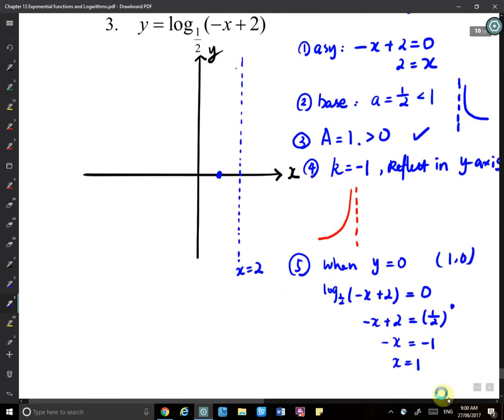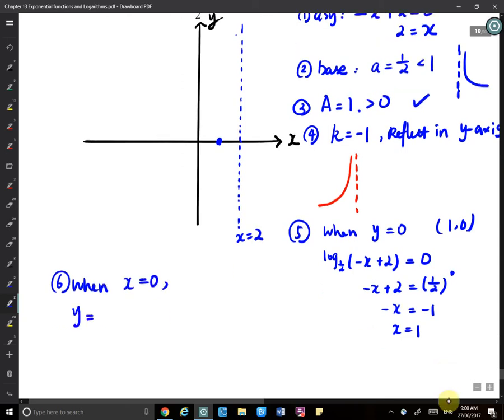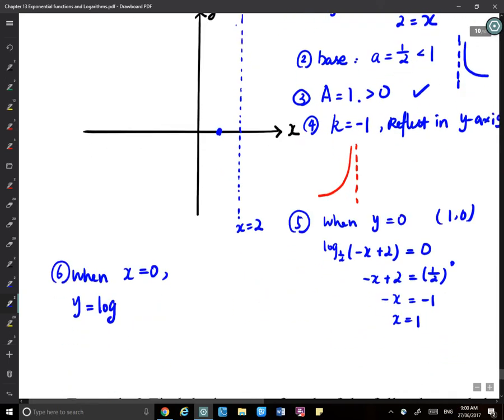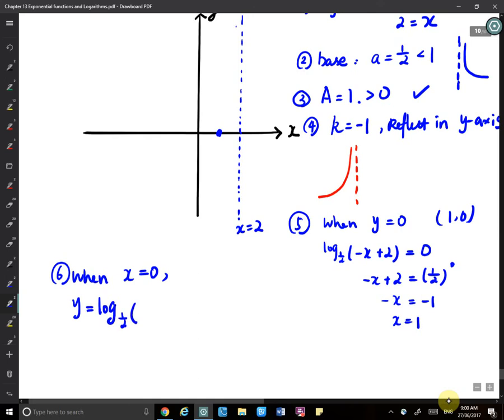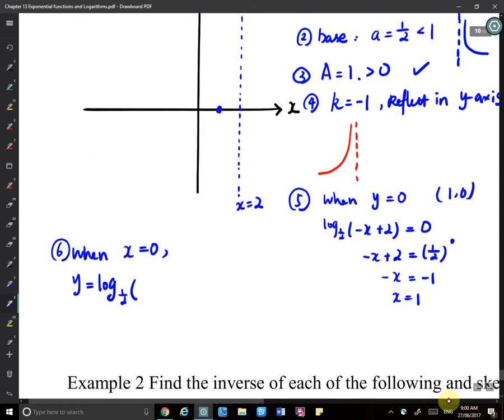Number 6, when x equals 0, y equals log base a half of 0 plus 2, which is 2. What does that equal to?